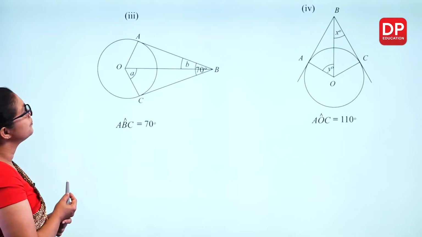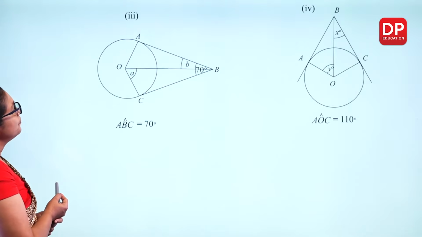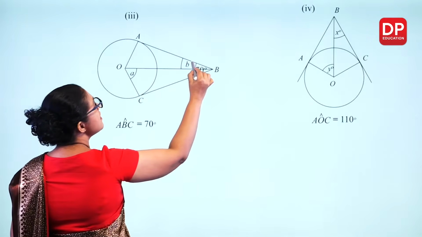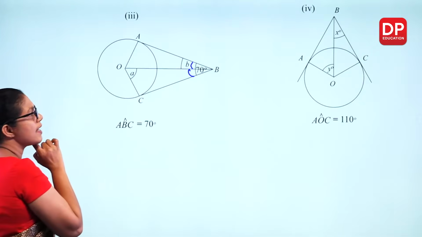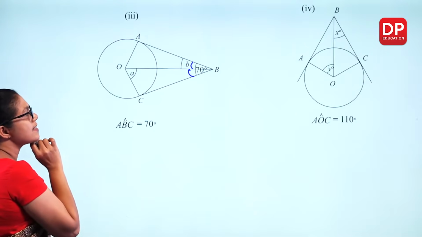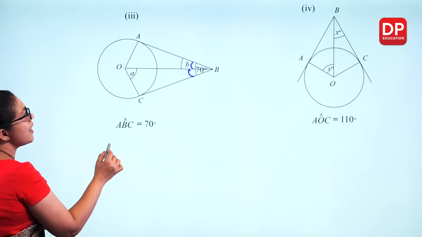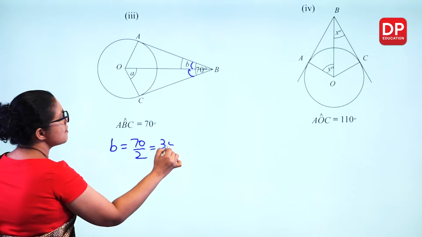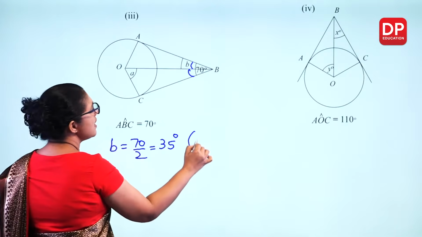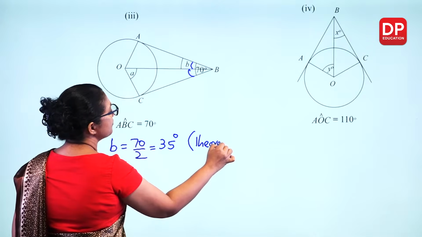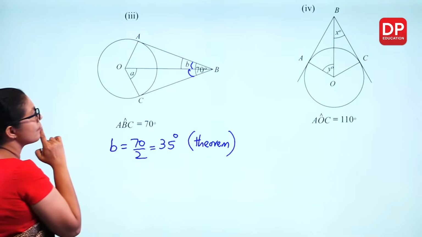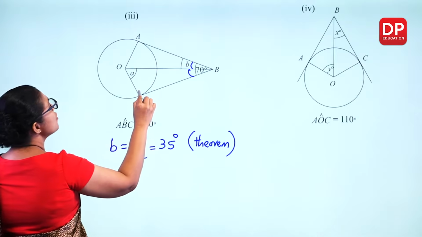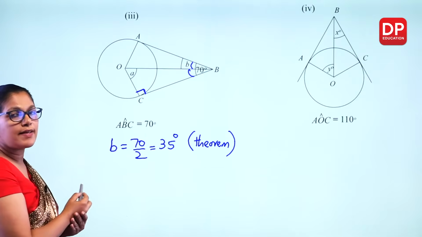This one, we can easily find out the angle B because this angle is equal to this angle. So bisecting the angle. So we can write down B is 70 divided by 2, that's 35 degrees according to the theorem. Then we found out this is 35 and also we know this is 90 degrees.